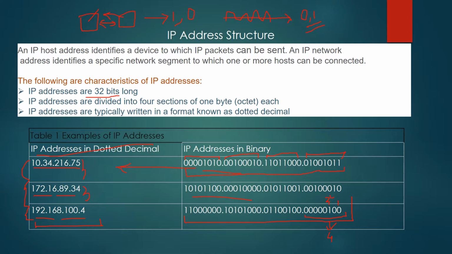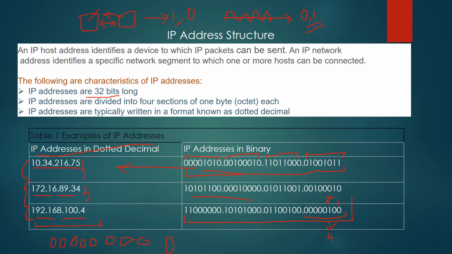So where are IP addresses going to start? The minimum range of IP addresses, the IP address from where it starts: if you have all zeros in the first octet, second octet, third octet, fourth octet, in all octets if you are having 0, then what does it mean? It means 0.